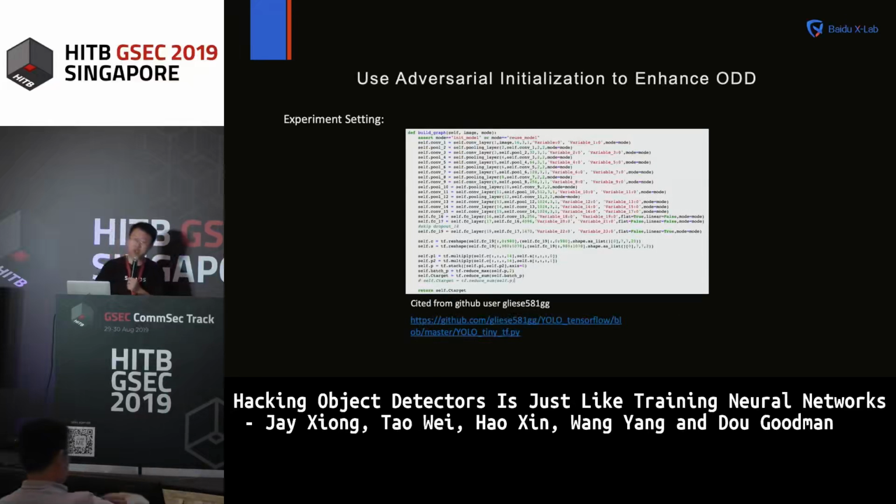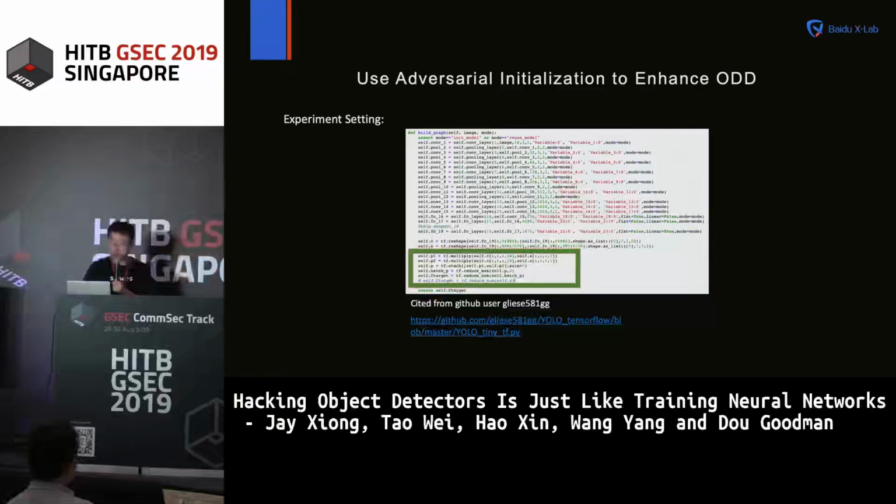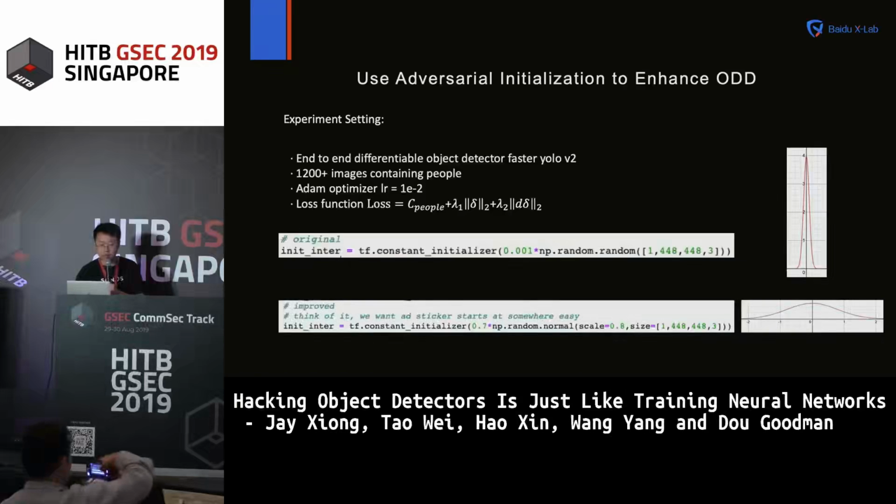So we did such an experiment. We take the YOLO V2 model, faster YOLO V2, and change its output. We only take the target people out, which is YT here. And we use, of course, the end-to-end differentiable object detector, and we adopt 1,200 images containing our attack target people, and use the Adam optimizer and the loss function.